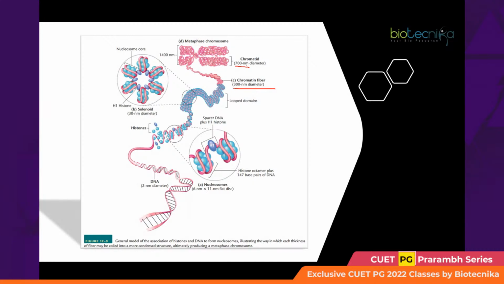That is one of the ways gene expression is controlled in the eukaryotic cell. So the most dispersed state of chromosome will be present when the DNA is about to replicate, that is in the S phase, and the most compact, most condensed state of DNA will be present when cell division is going on.